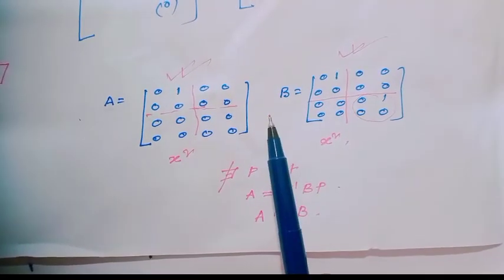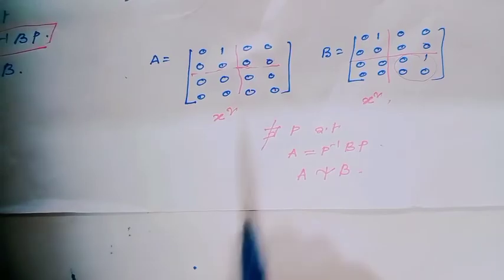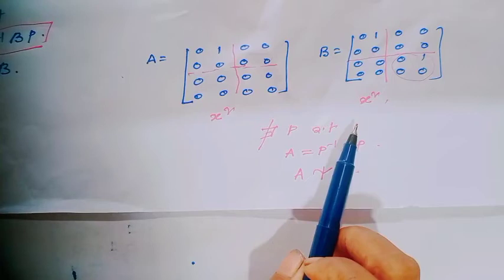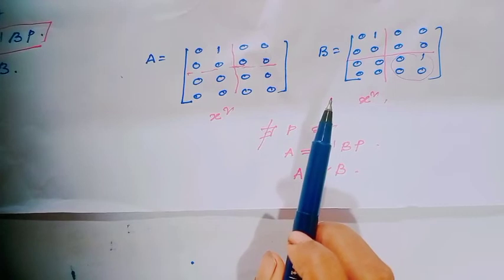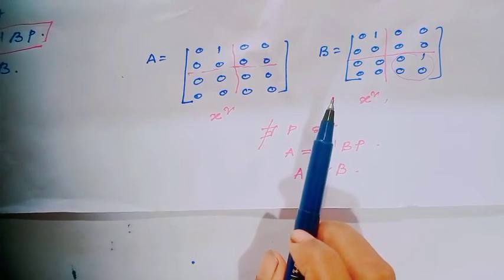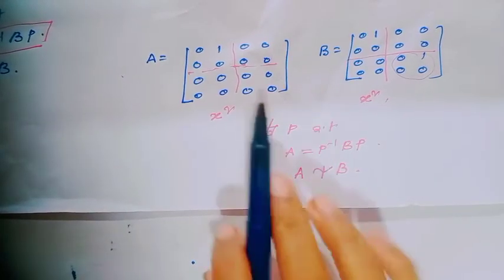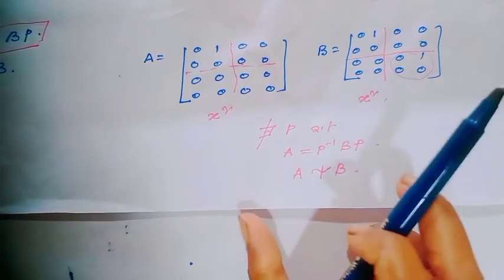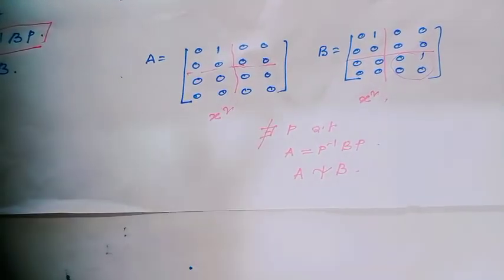So these two matrices are not similar to each other, but their minimal polynomials are the same. That means if minimal polynomials are the same, it does not imply the two matrices are similar. But when two matrices are similar, the minimal polynomial is always the same; the converse is not true. Have you understood? Okay.